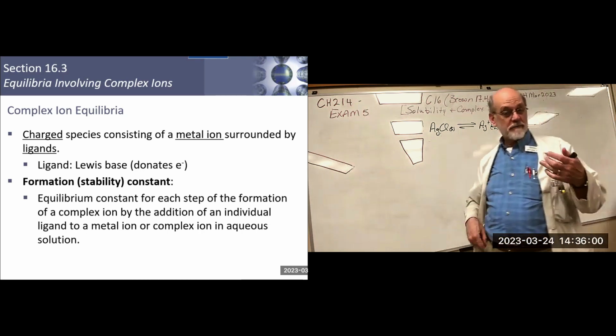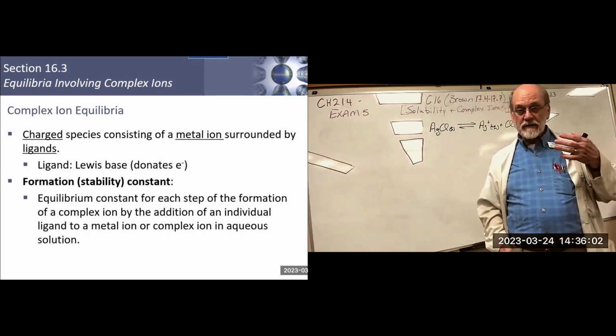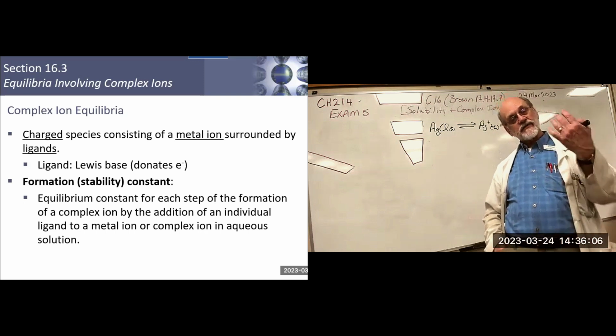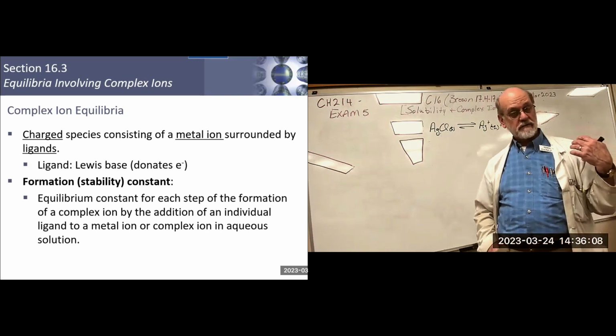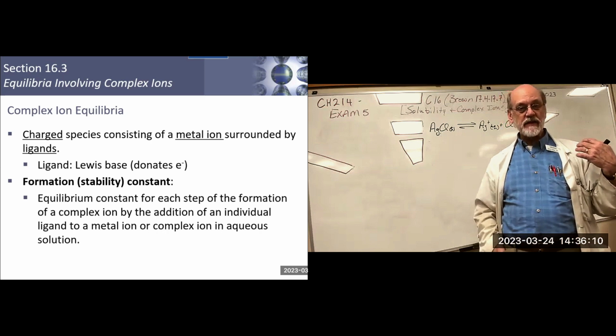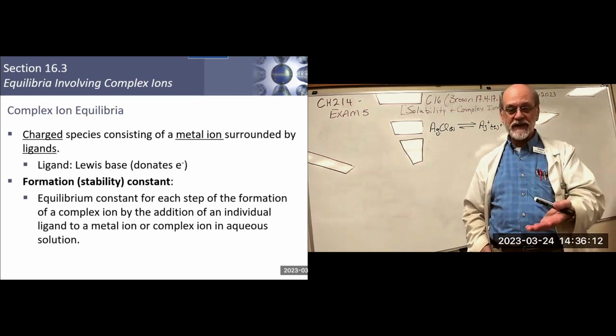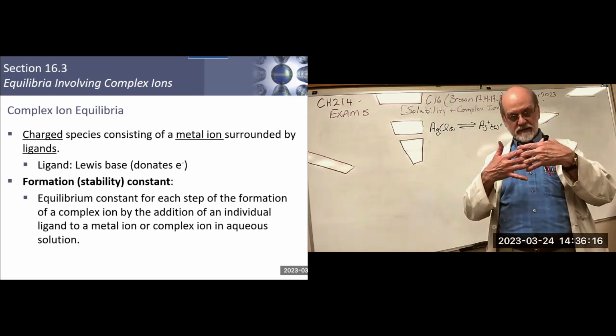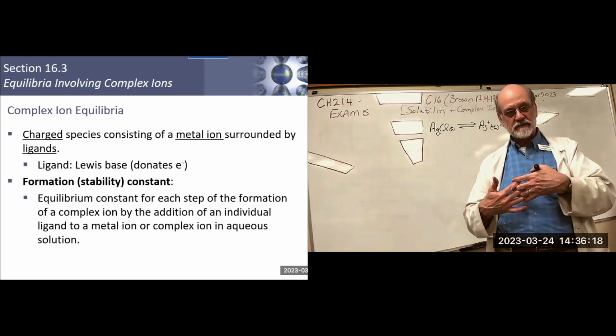So what's required? Well, the metal is a Lewis acid because it accepts electrons. So what we need is a Lewis base that will donate the electrons and in the process form a bond that is soluble.